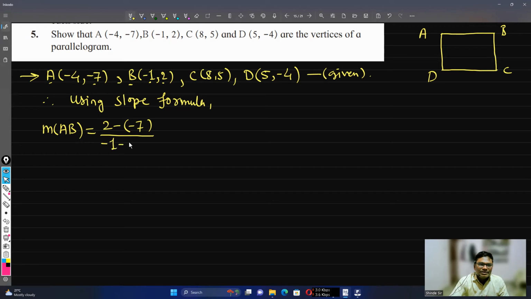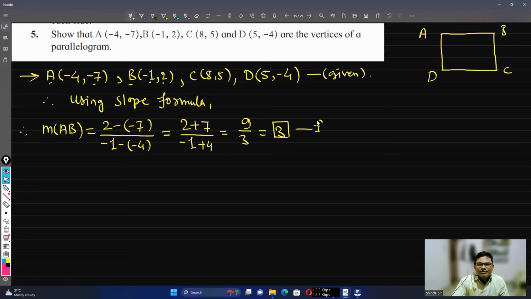It gives us 2 plus 7 upon minus 1 plus 4, and that is 9 upon 3, meaning 3. Therefore, the slope of line AB is 3.